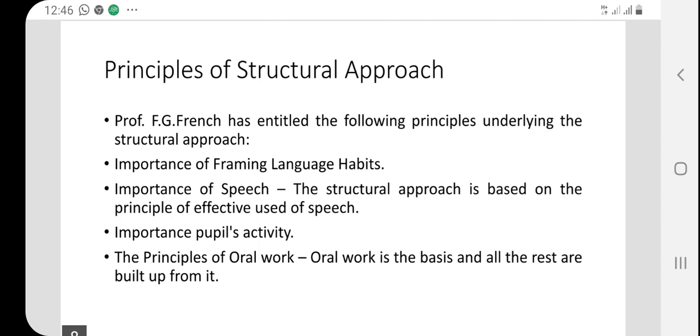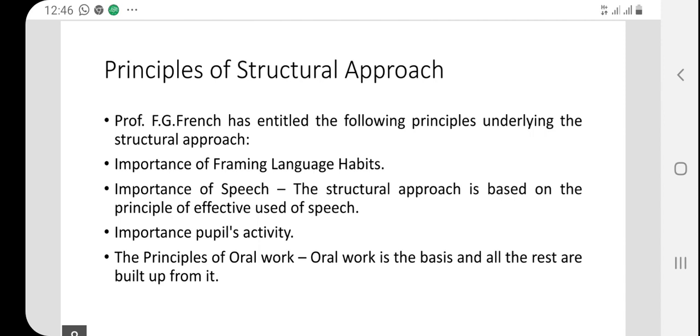Then importance of speech, that is, the effective use of speech, like while having conversation or communication with someone, how much your words and your sentences matter. So first of all, the importance of the language and the importance of sentence structure must be taught to the learners.